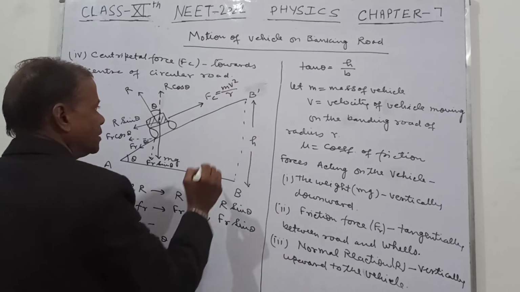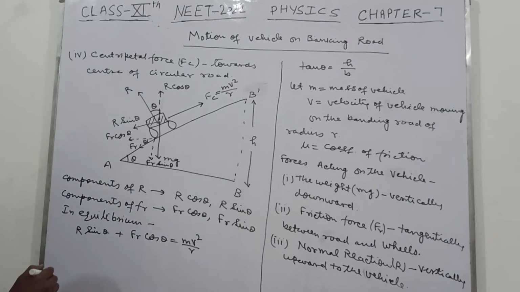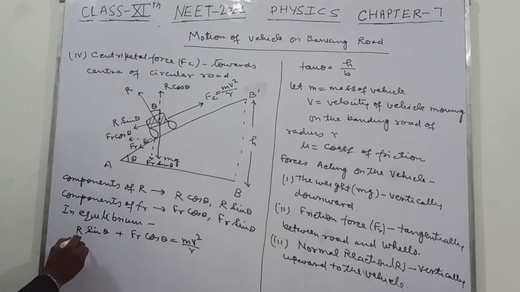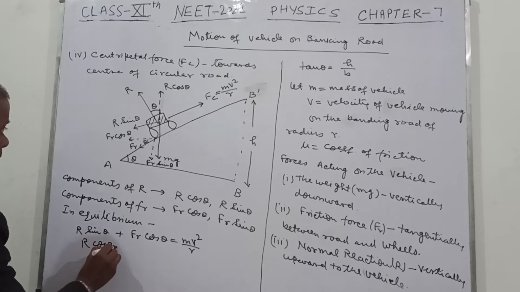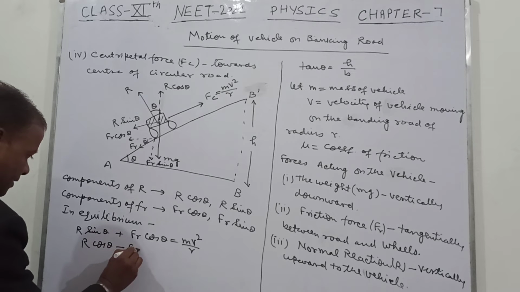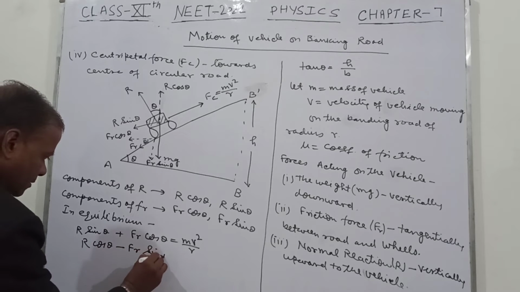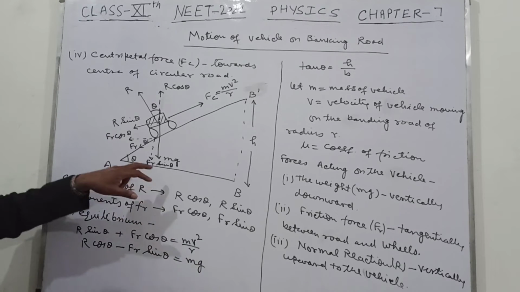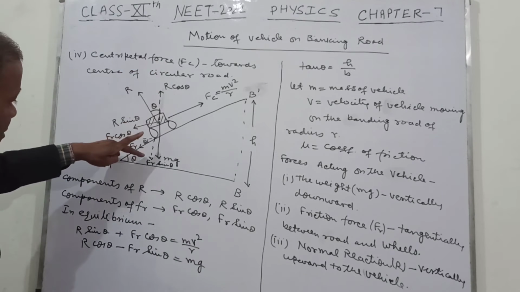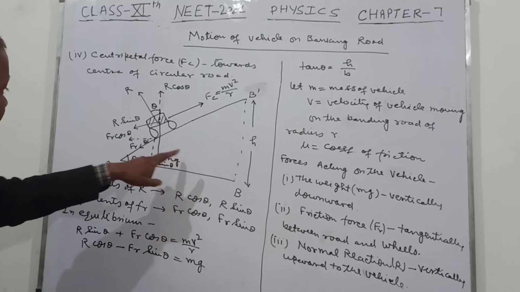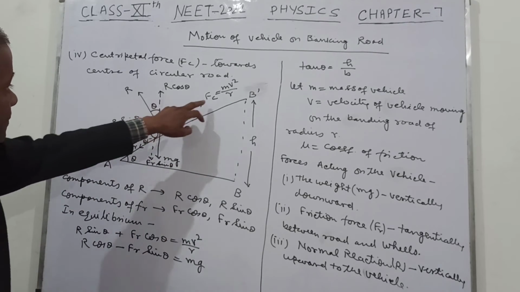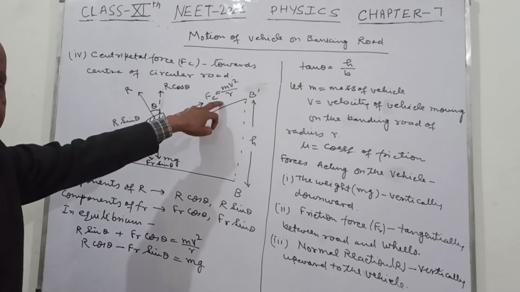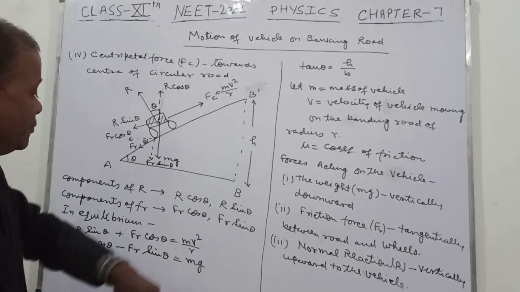And R cos theta minus Fr sin theta is equal to mg, the weight. The resultant of these two will provide the centripetal force, mv square upon r.